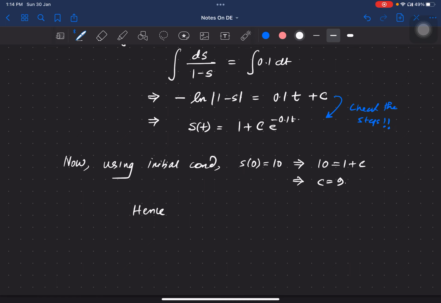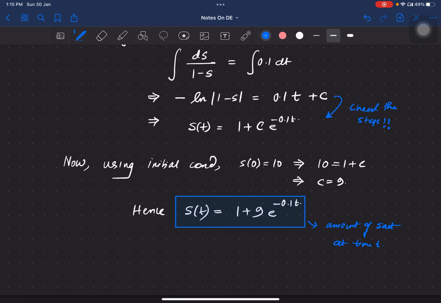Hence S(t) equal to 1 plus 9 e to the power minus 0.1 t. This is the amount of salt at any time t.